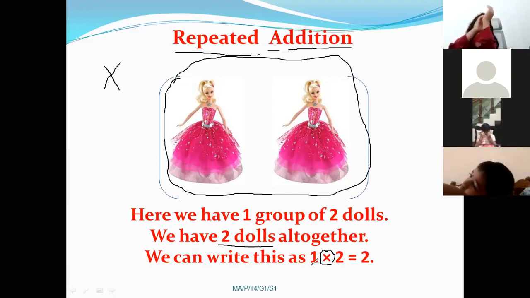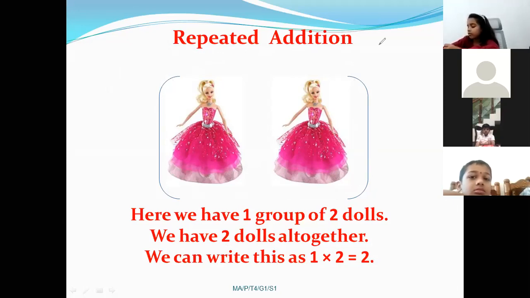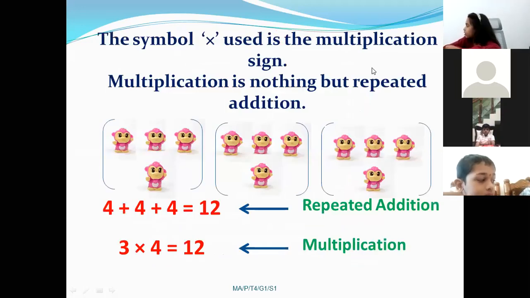This means we have here one group of 2 dolls each. 1 multiplied by 2 means one group of 2 dolls each, and 1 multiplied by 2 is equal to 2 here. Okay? And children, we'll be doing tables also. We have to learn tables also.